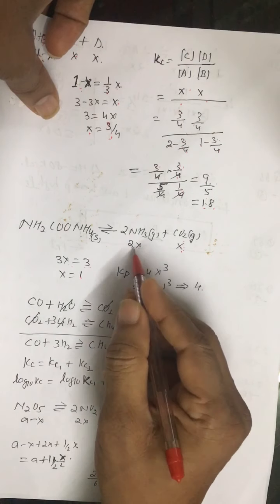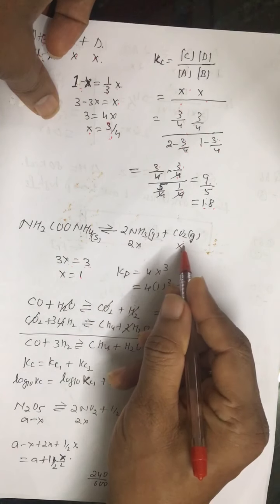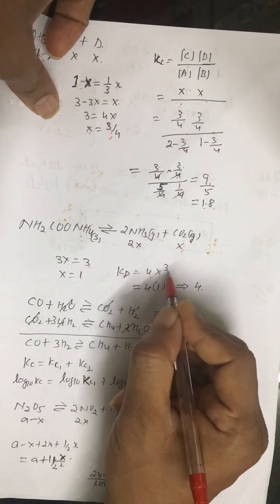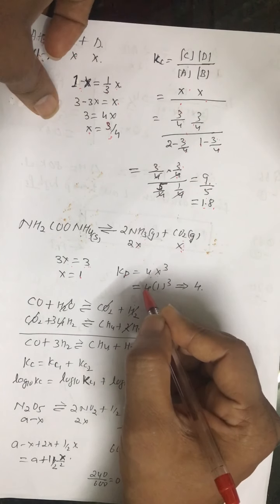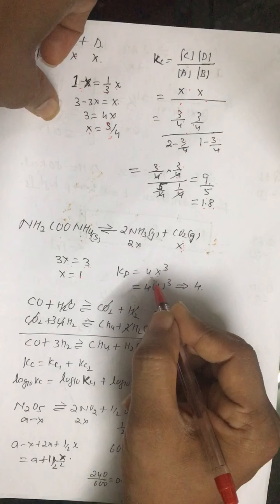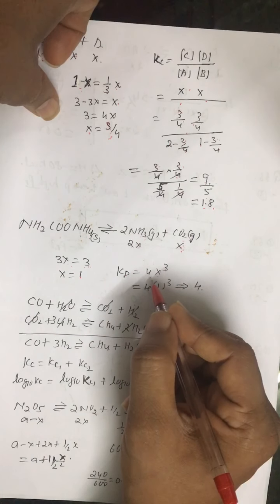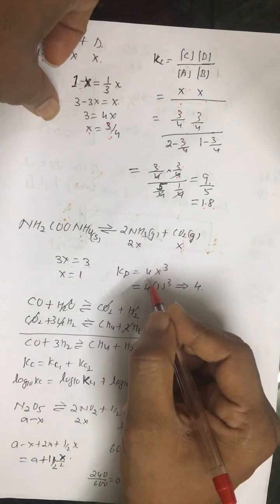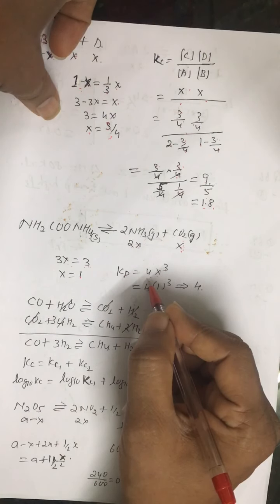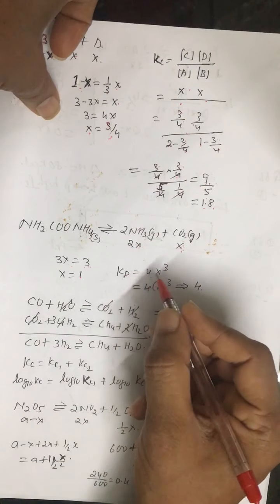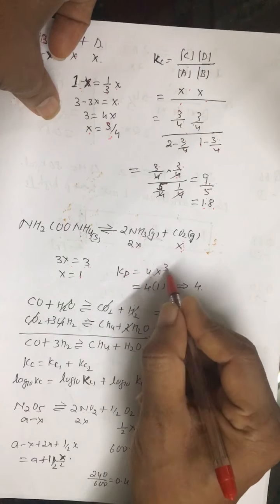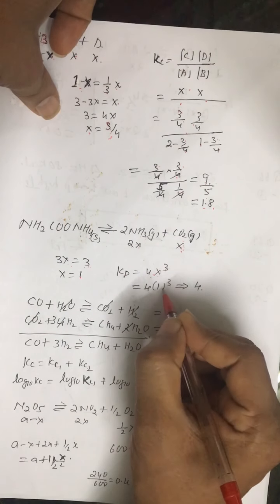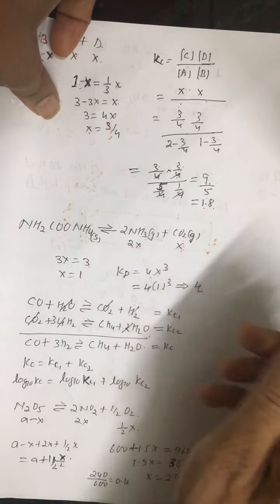Now Kp equal to 2x the whole square into x, so this is 4x cube. Alright, Kp equal to 4x cube. The value of x, just put the value and you get Kp.